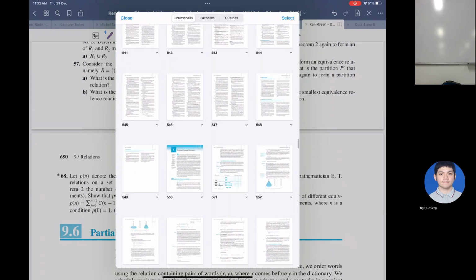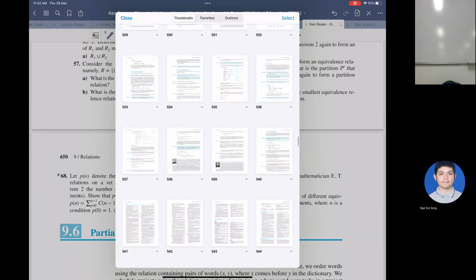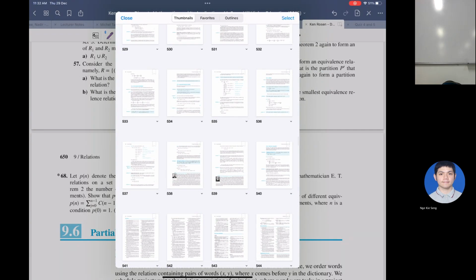I think there's that question, right? The part D is hard. The part D, we didn't teach in this course. Actually, in my university, they teach it. It's called stars and bars. Maybe you guys will touch it in computer science.